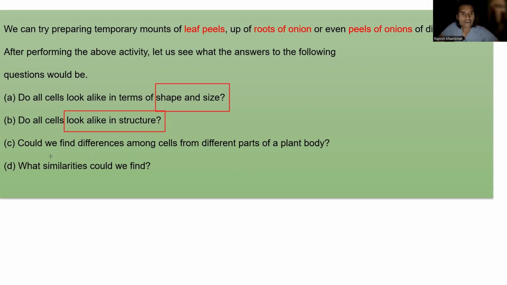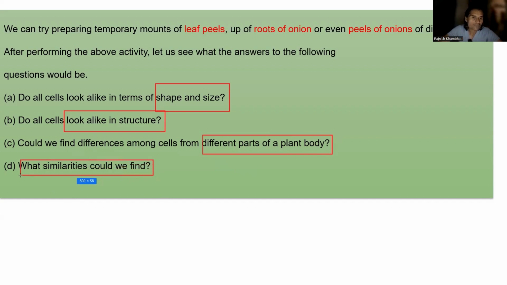Then could we find differences among the cells from different parts of the plant body? Obviously, yes. Cells from different parts of the plant will be different from each other. Their functions also might be different. Now, what similarity could we find?